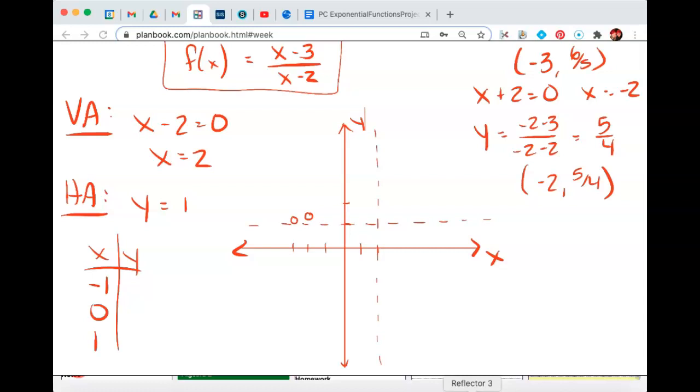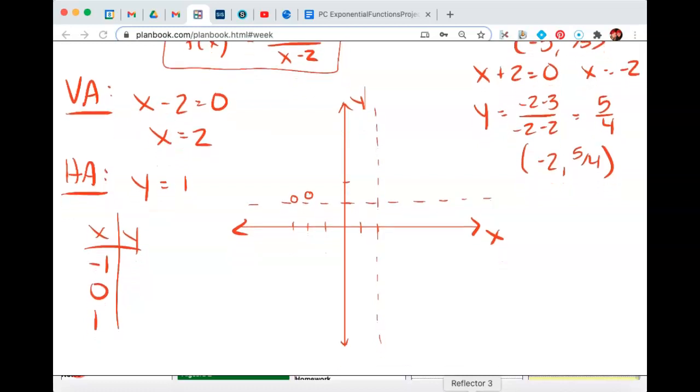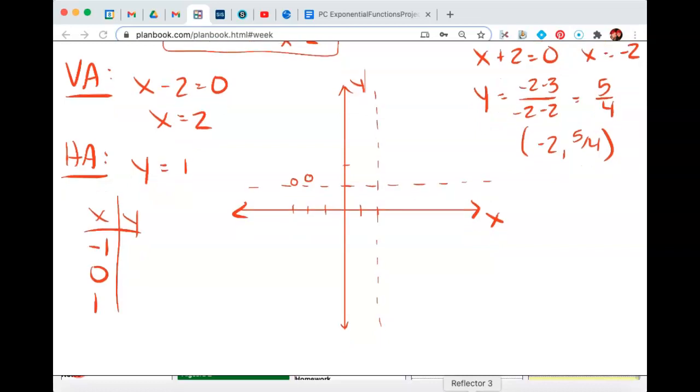Okay, so negative 1, 0, and 1. We're going to get the left side. Then we should do 3 and 4 at least. Okay, negative 1.